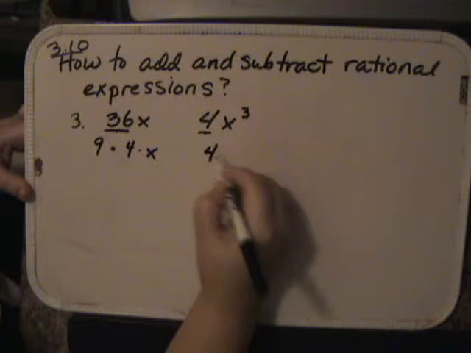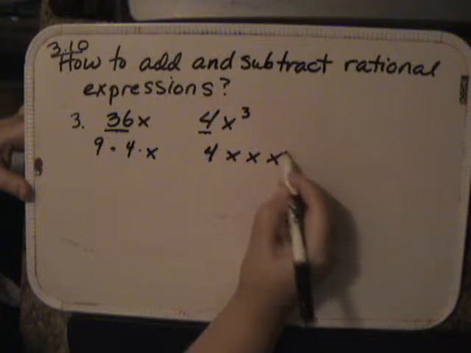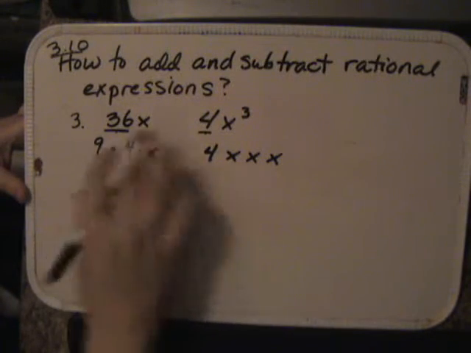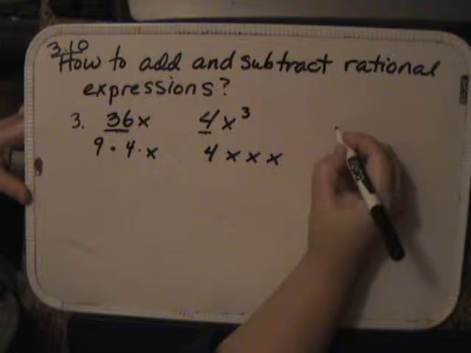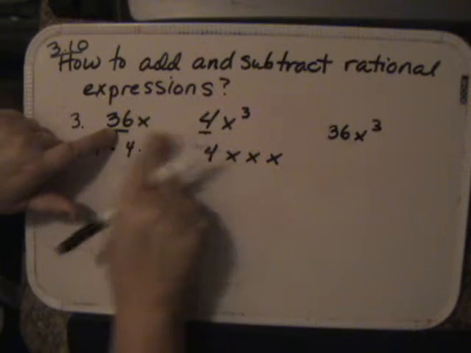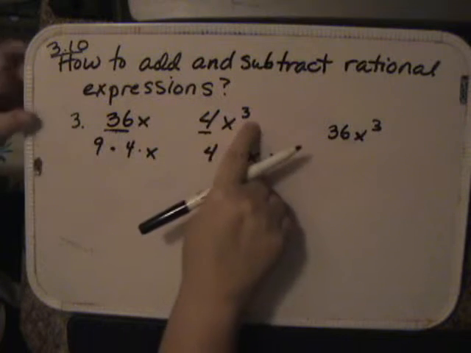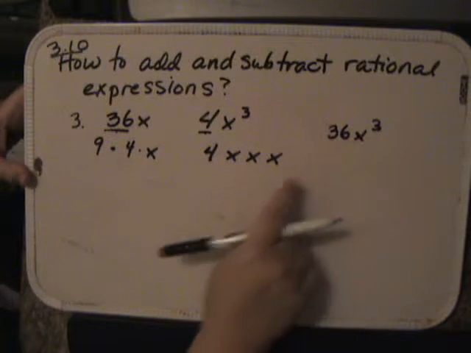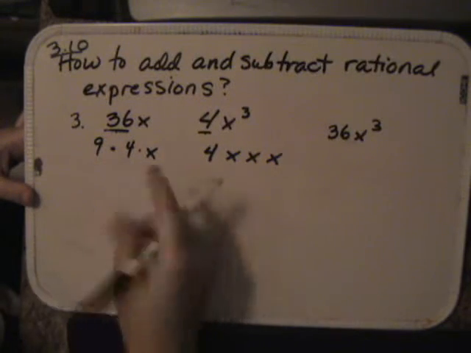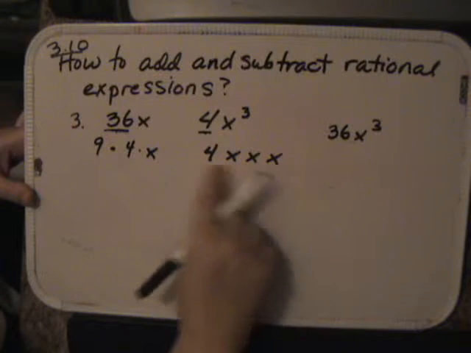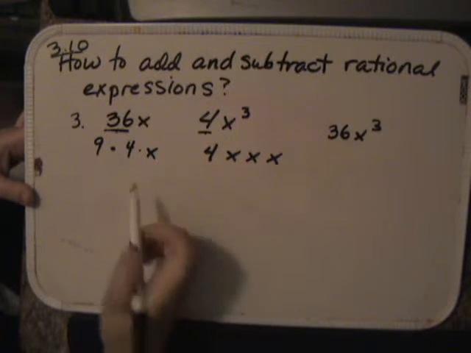Here this is a 4, and then I have 3 x's. You can do it in your head and get 36x cubed, because 4 goes into 36 evenly and x cubed is your largest exponent. But doing it the way we've been doing it, we have the factors 9, 4, and x here, and 4, x, x, x there.